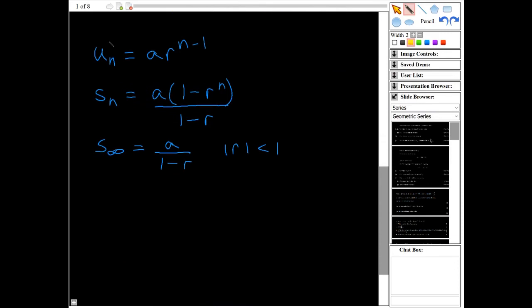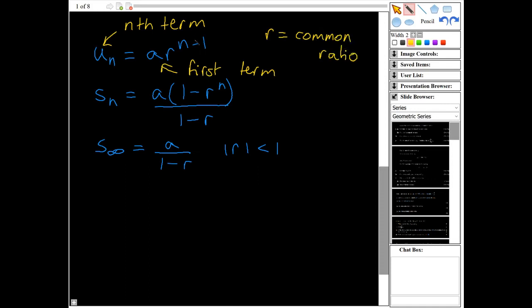So here, this is the nth term. This is the first term. r is the common ratio. And then n is the term number.